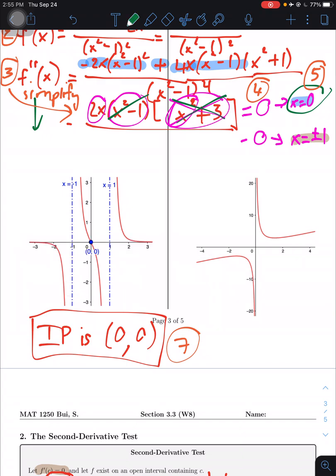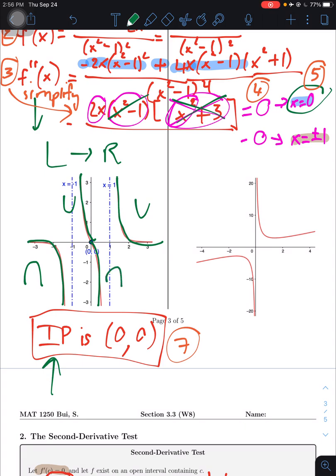So for the last example, I told you guys that we're going to have an inflection point at (0, 0), right? So let's check whether that's true or wrong. We're always going to go from left to right. So we have like 3 or 4 branches in here. This branch looks to me like a downward U, and this to me is an upward U, and this one, if you were to extend it, is going to look like an upward U, and this to me is a downward U, right?